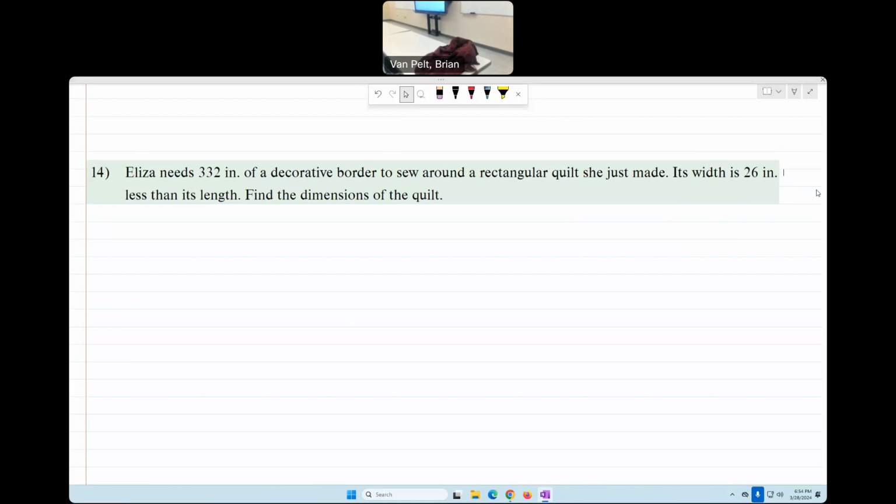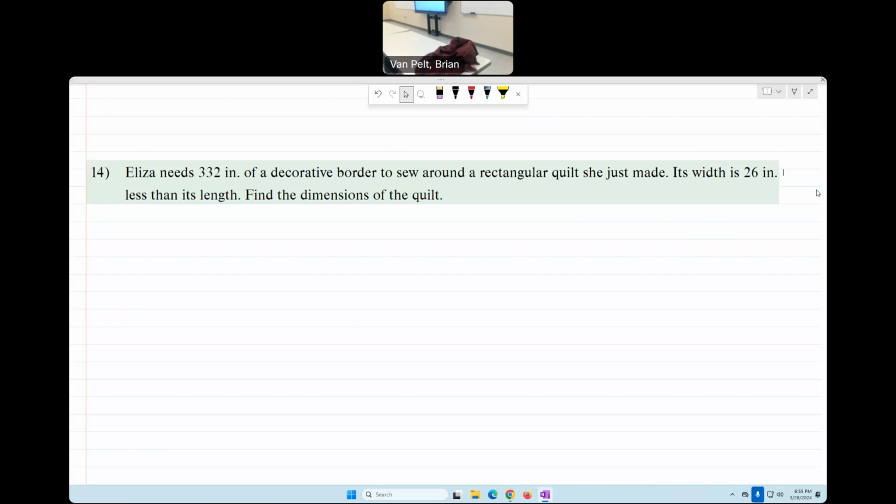This is 280, because I thought it was 52 with 26 on each side. It said 26, so then I doubled it. Oh, you did that, okay. What is that two? Because there are two widths.